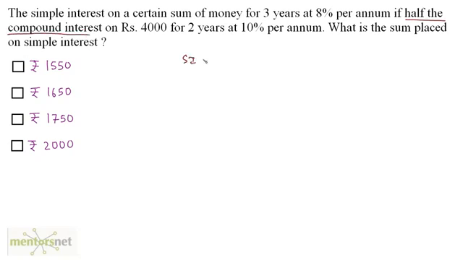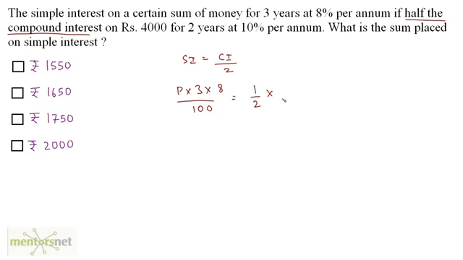So I have SI equals CI by 2. Now the formula for simple interest is PNR upon 100, and the principal is what we have to find. So let it be P times N is 3 years, so 3 times 8% per annum, so 8/100 is equal to 1/2 times the compound interest.